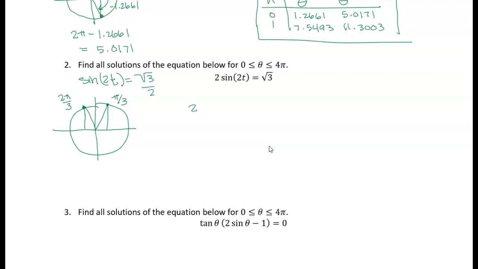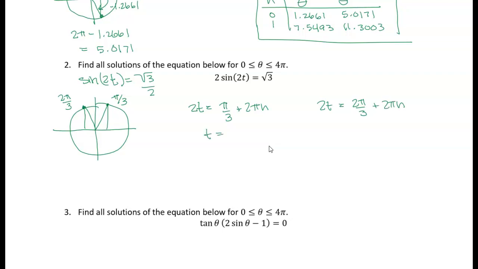But it's 2t. 2t equals pi over 3, and any angle that's coterminal with that, so we have to add 2 pi n. We also need this equation because 2t could also equal 2 pi over 3 plus 2 pi n. So now we have to divide by 2.